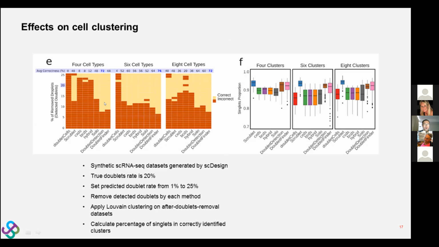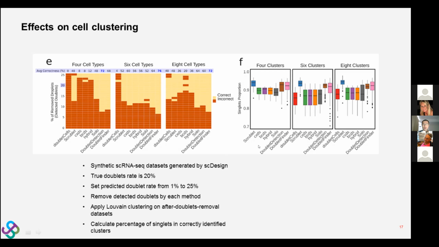The yellow grade means the Leuven clustering correctly identified the correct number of 4, 6, or 8 clusters. Otherwise, if it is wrong, you have orange here. So if you have more yellow grades, you have better performance. In this benchmark, we found that DoubletFinder and doublet detection give us the most correct number of clusterings.